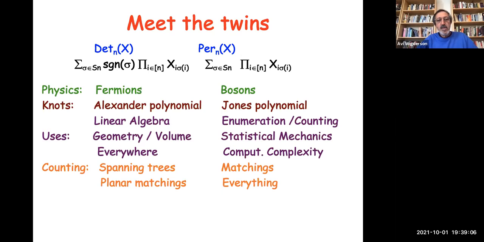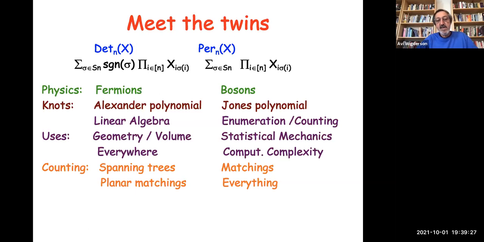I mentioned counting. Both determinant and permanent are counting objects, and I'll talk about this a bit later. It's just that the permanent seems to count many more things. Basically, everything we are interested in, the permanent counts.